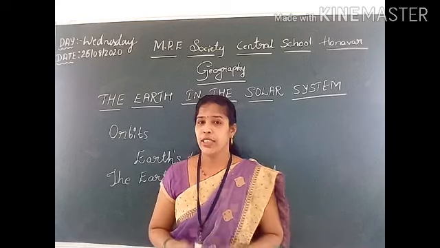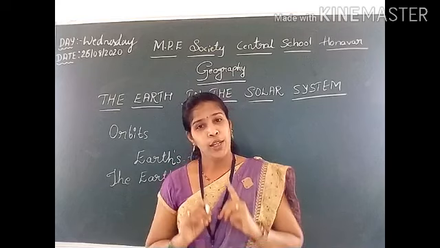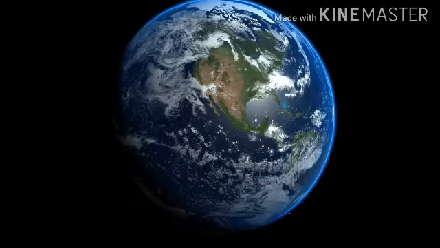This is the reason why our Earth is called a blue planet. When we see the Earth from outer space, it looks blue due to the abundant water on its surface. Means 70% of our Earth is covered by water.